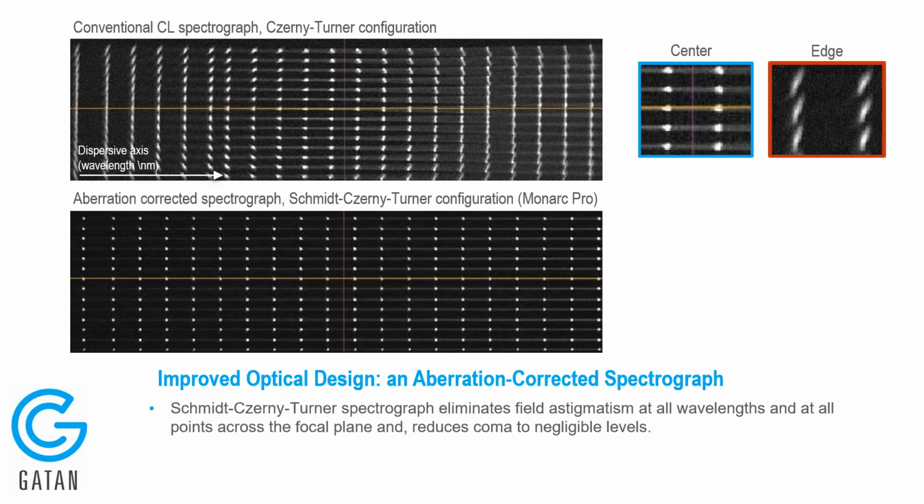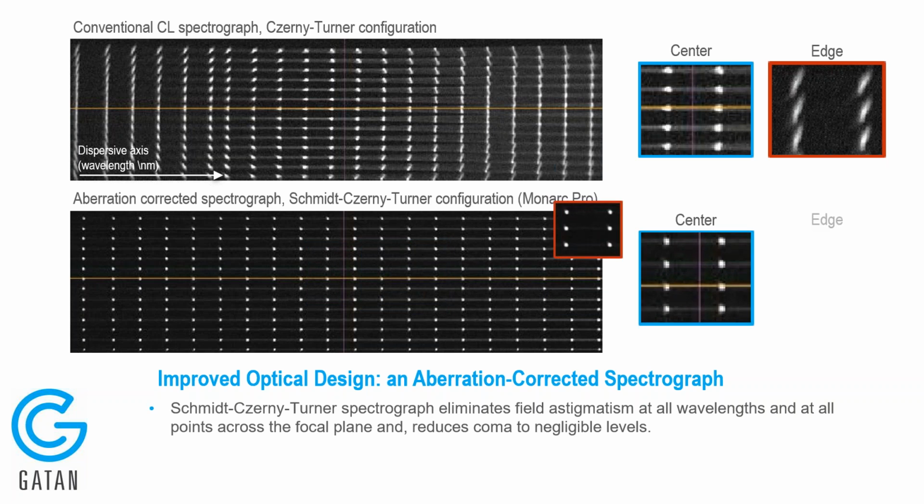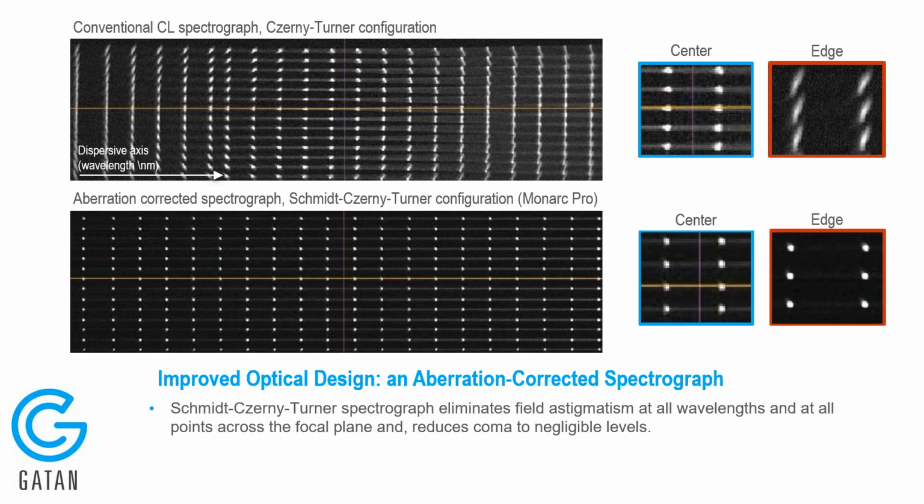Now, the Monarch system and the Monarch Pro system in particular has an aberration-corrected spectrograph that allows us to get these sharp images across the entirety of the sensor that we use to collect images and spectra. So we have almost no astigmatism left in the spectrometer. It means that we have the sharpest images or spectra across the entire CCD.